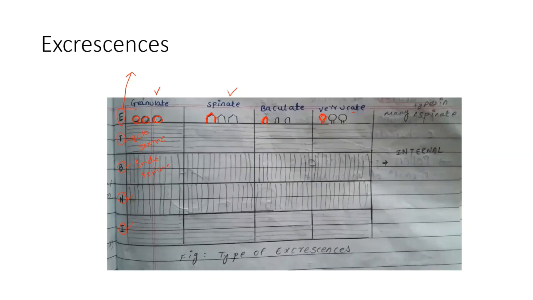So what are excrescences? Excrescences are the extra deposits, extra, because here the wall of the pollen ends with T for tectum, correct? The excrescences are extra deposits on the pollen wall adding towards the ornamentation of sexine, especially in advanced angiosperms.